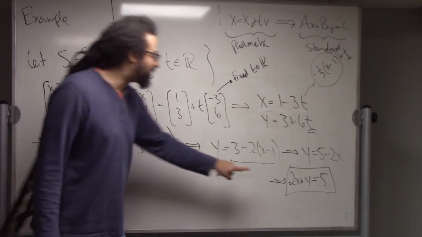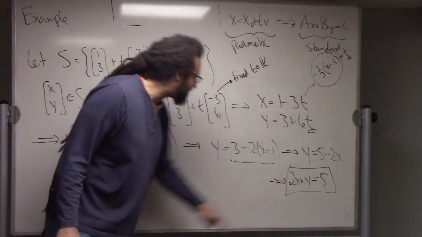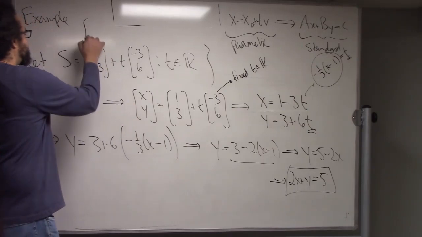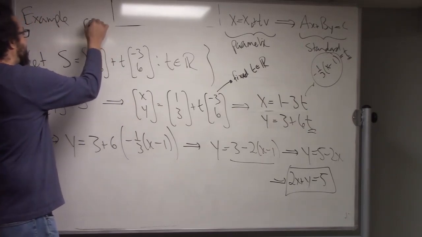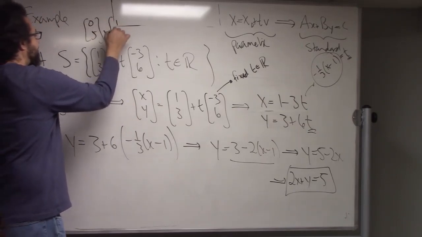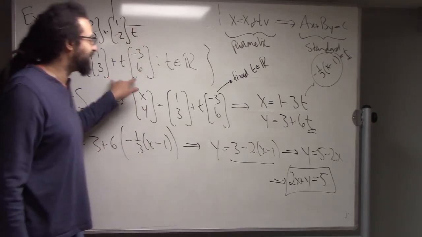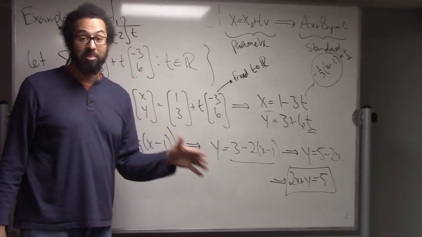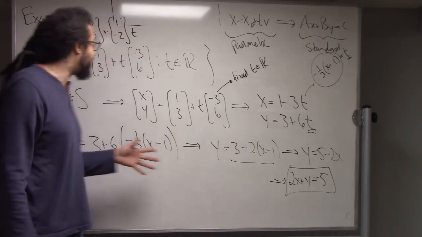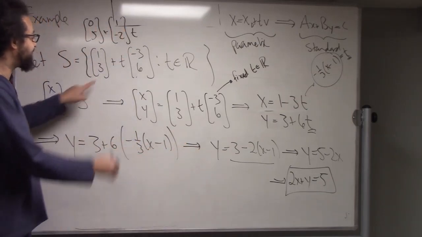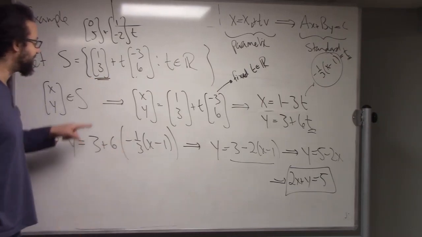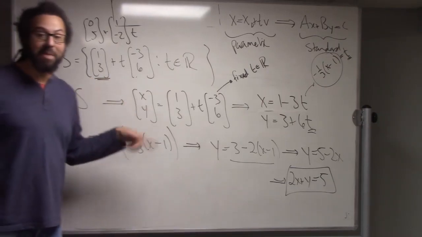Coincidentally, we showed that the parametric representation for this thing was given by (0, 5), and then plus, I think, t times (1, -2). So this shows that a line can have more than one parametric representation. And that stands to reason, right? This thing is a point on the line, and there are infinitely many points on the line.